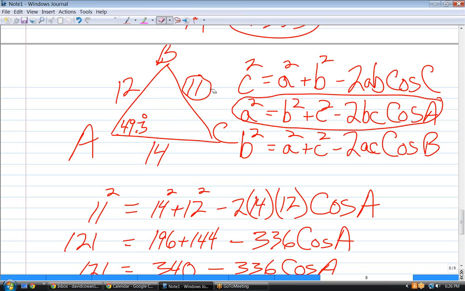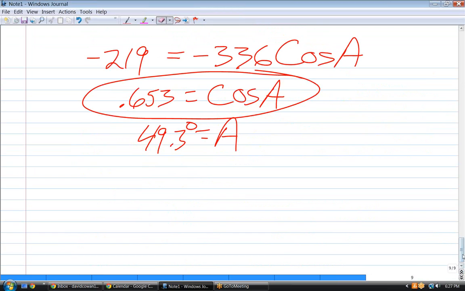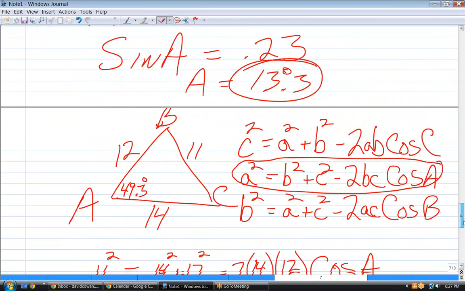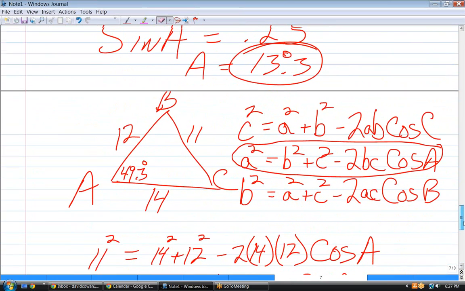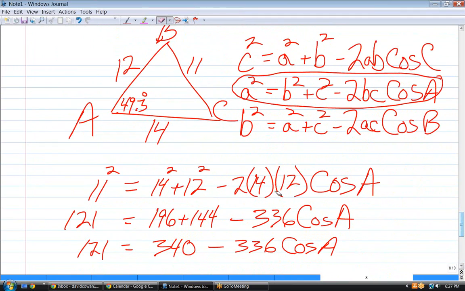There's only two situations where you have to use the law of cosines. One of them is where you have only the three sides of the triangle, like this problem. Whenever you have three sides, it's never ambiguous. It's only going to be one solution here. I don't need to check for ambiguity, even though that's less than 90 and I got angle side side.